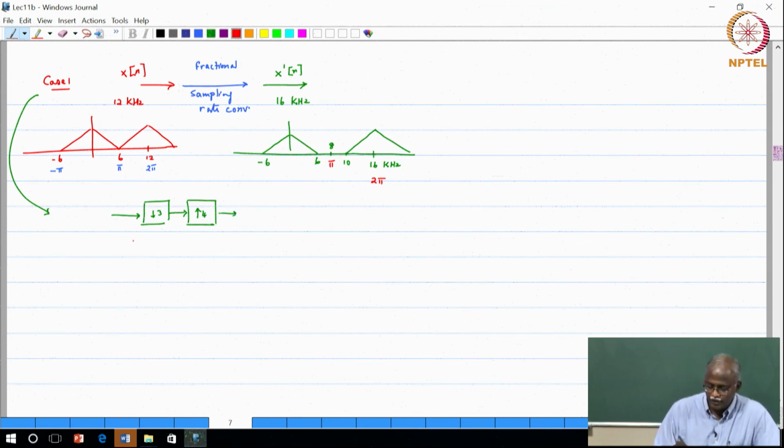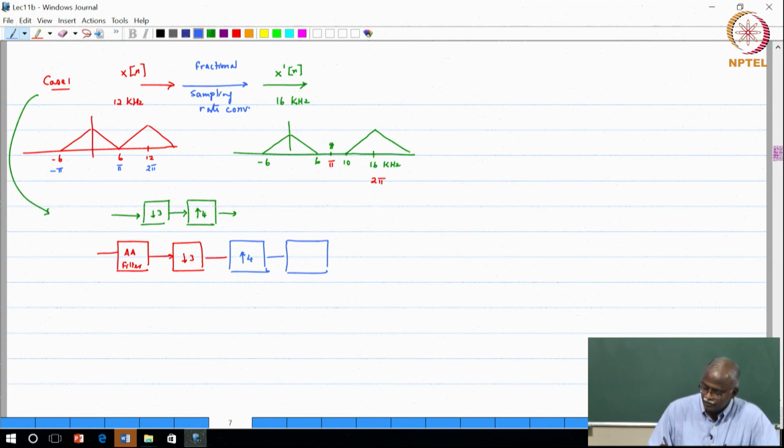So, the actual implementation will be the anti-alias filter, followed by downsampling by a factor of 3, followed by upsampling by a factor of 4, followed by the interpolation filter which will remove the unwanted images. Okay. So, this is the sequence of operations.